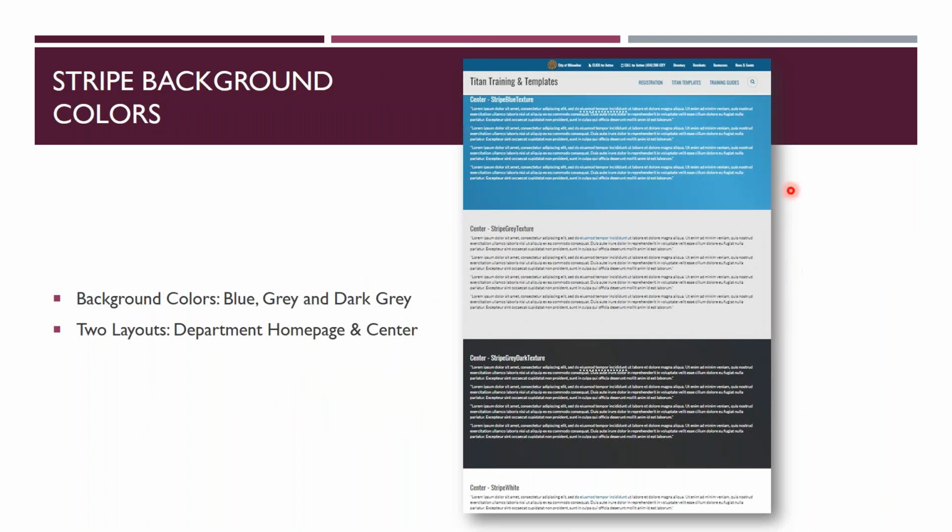The stripe background colors in blue, gray, and dark gray. They're also used to have a section of content stand out a bit from the surrounding content. And by not having it on the default white background, you can add a splash of color to highlight that section of content.